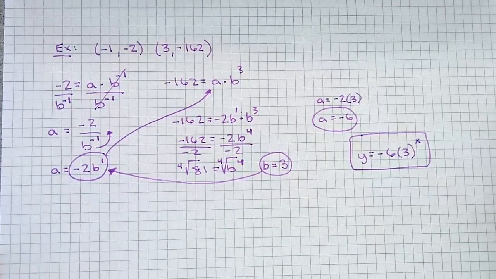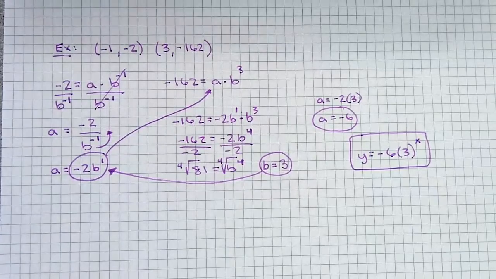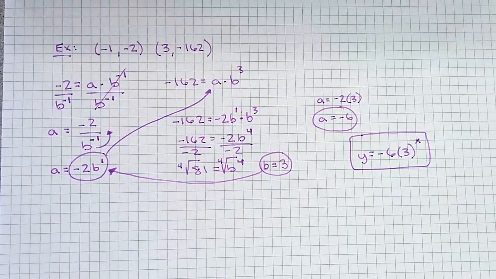So to draw that, I get y equals negative 6 times 3 raised to the x. Pretty cool, right? Nice.